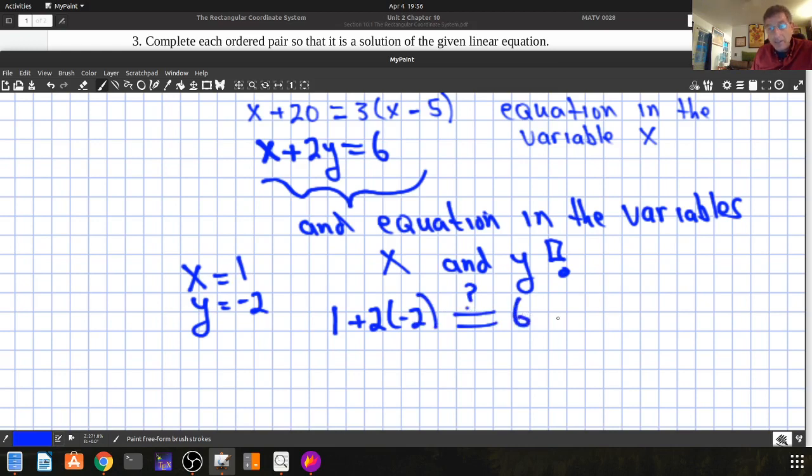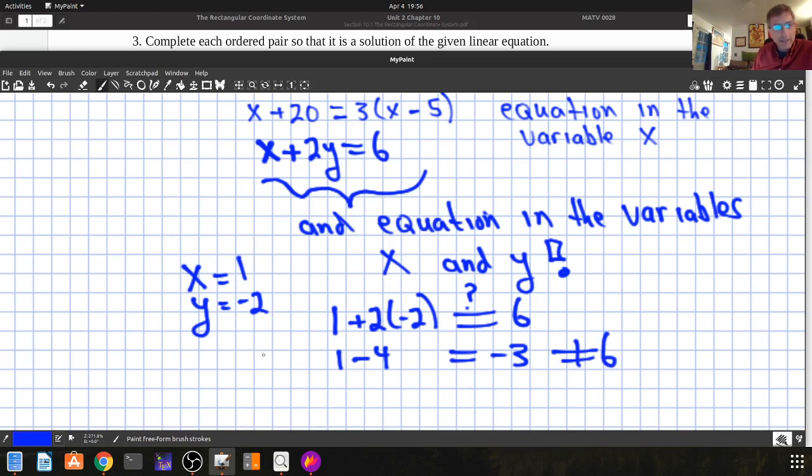If it is, then we have what's called a solution to the equation. But indeed, it's not a solution, because this is 1 minus 4, which is equal to minus 3, and minus 3 is not equal to 6. So x equals 1 and y equals minus 2 is not a solution.